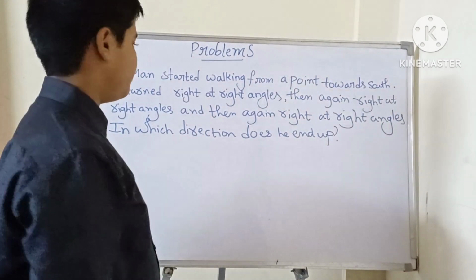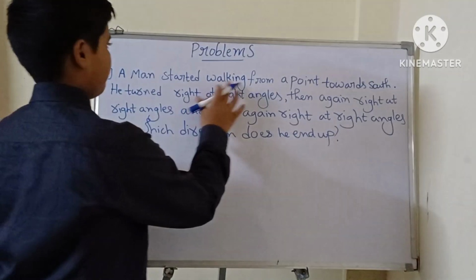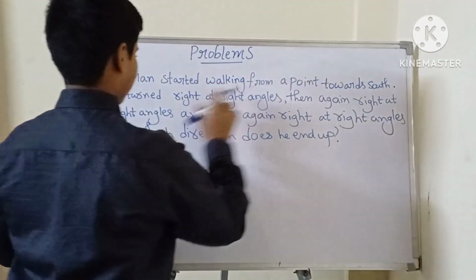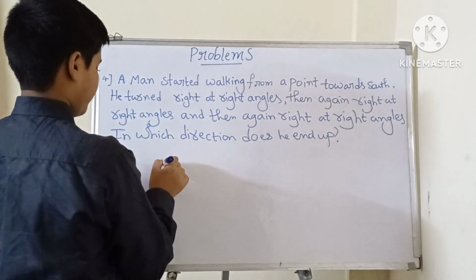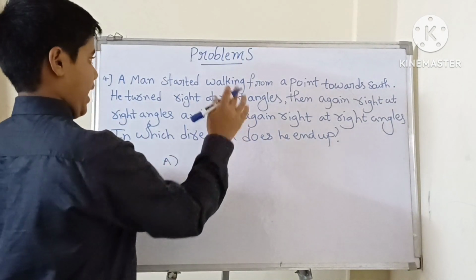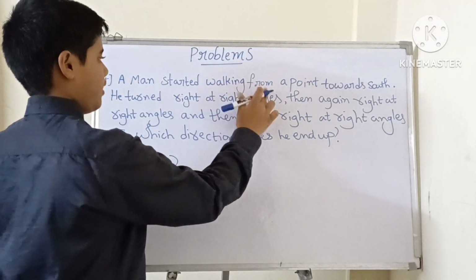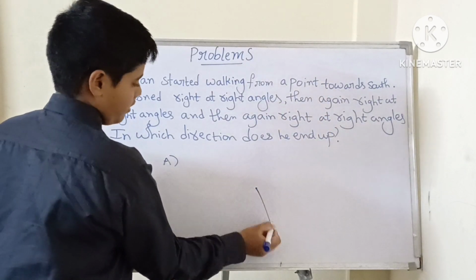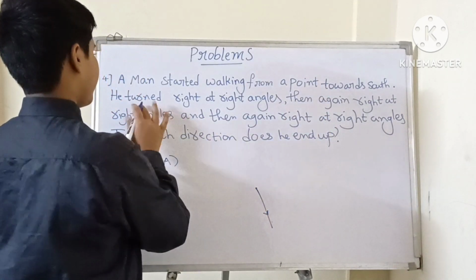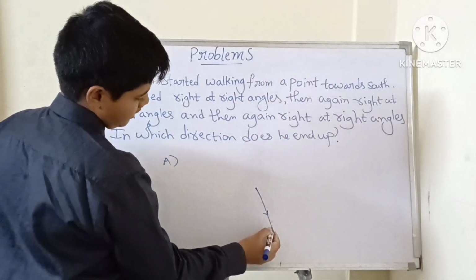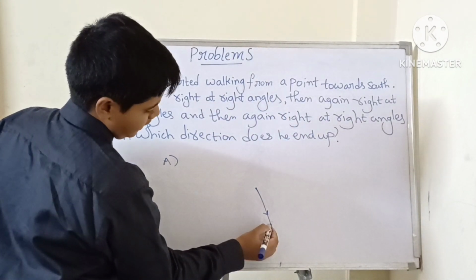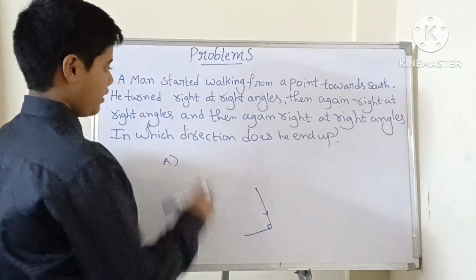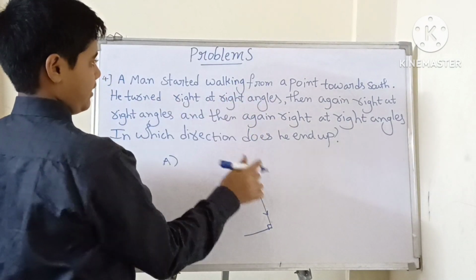And fourth question. A man started walking from a point towards south. Here I am taking the point. He is going towards south. He turned right at a right angle.